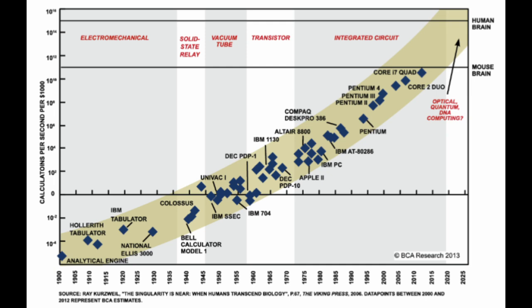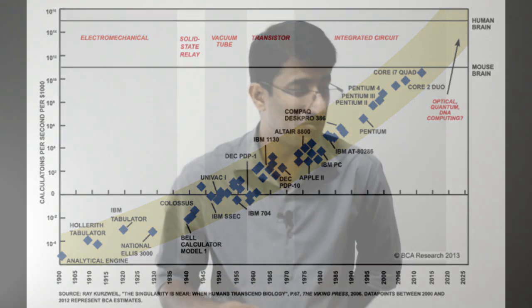So the computers have already passed the number of calculations per second per $100 of a mouse brain, and they're slowly coming into the region where we're reaching into the number of calculations that are done by a human brain.